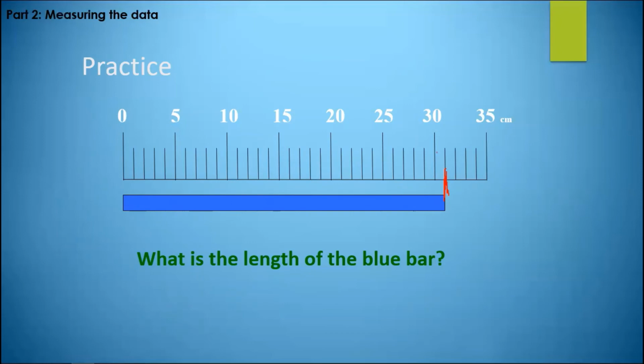The smallest division in this case is 1. So we take the smallest division 1 and divide by 2. That means we have 0.5 as our random error, meaning uncertainty. So my data for this case will be 31.0 centimeter plus or minus 0.5 centimeter.